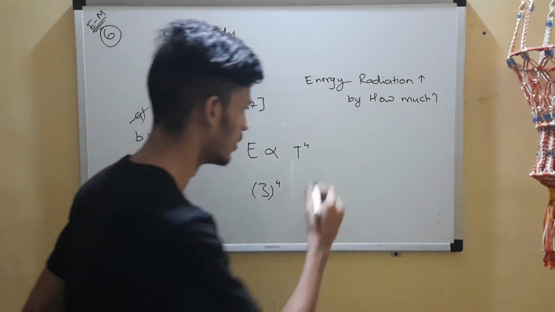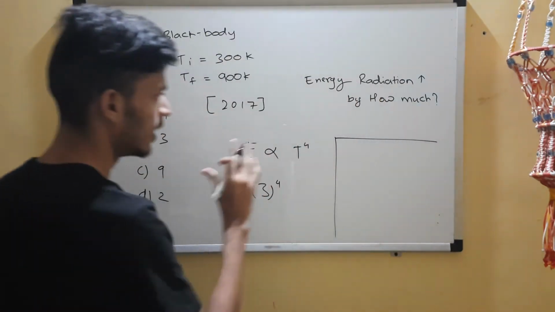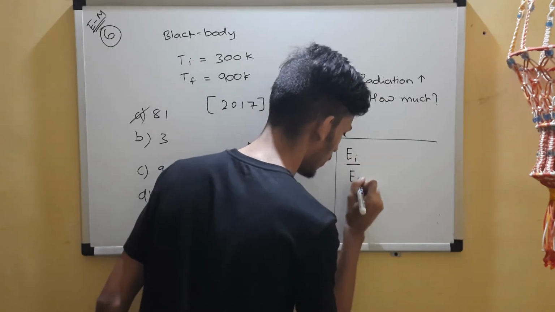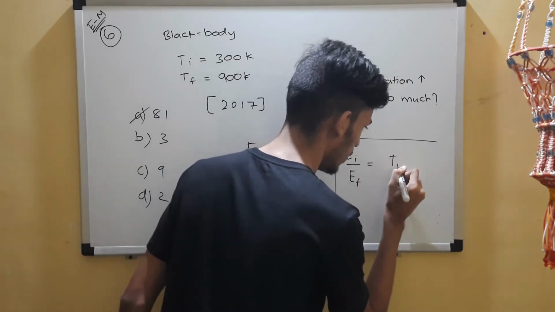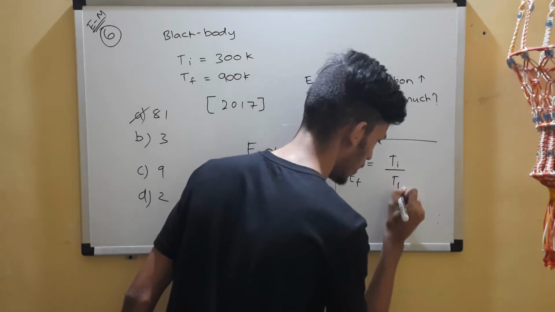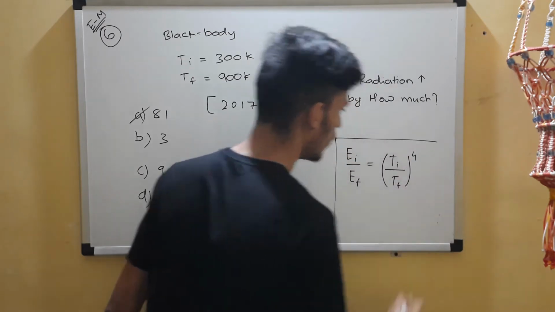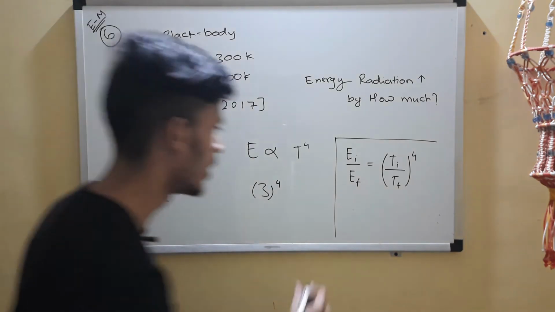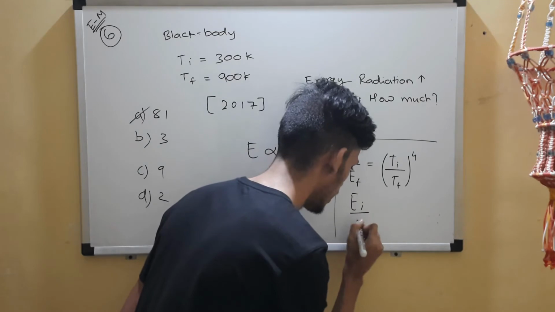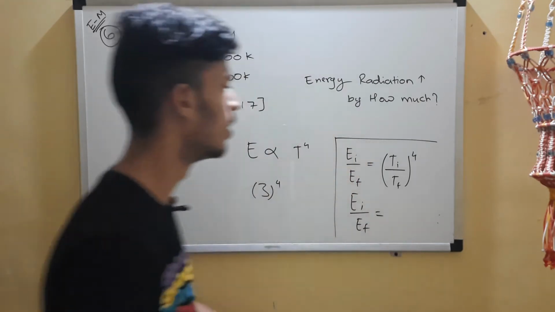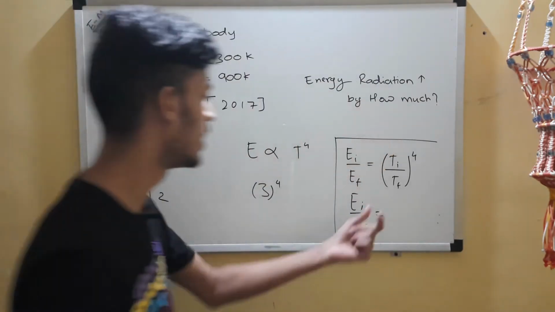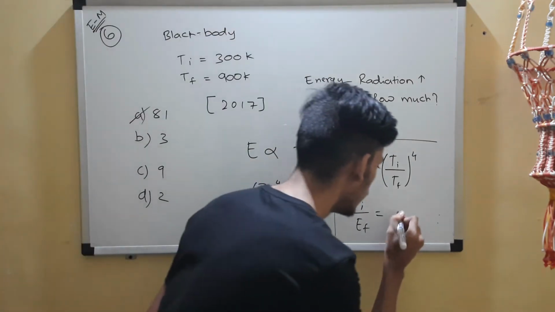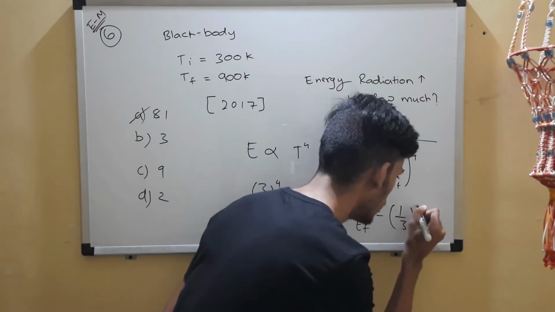Let's do it the standard way if you didn't get this approach. So the initial energy by final energy will be initial temperature by final temperature whole raised to 4, right? So you have to find final energy in terms of initial energy. So initial temperature 300, so 300 by 900, that will be 1 by 3, whole to the power 4.